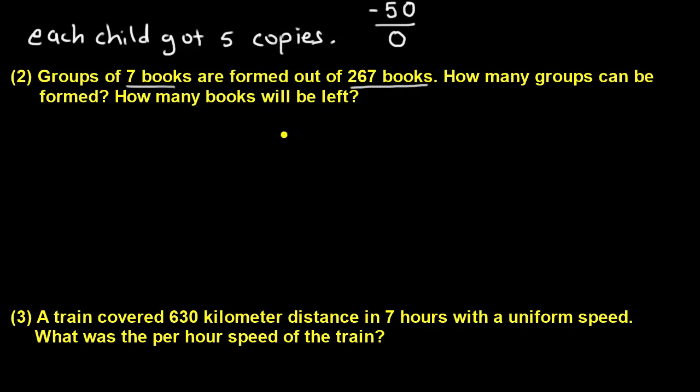So again we have 267 books and we want to divide all the books in groups of 7 books. So 7, 7, 7. This way we have to divide all these books. Divide means division. And again we have one more hint: how many books will be left? It means we will be left with some books. That will be our remainder.